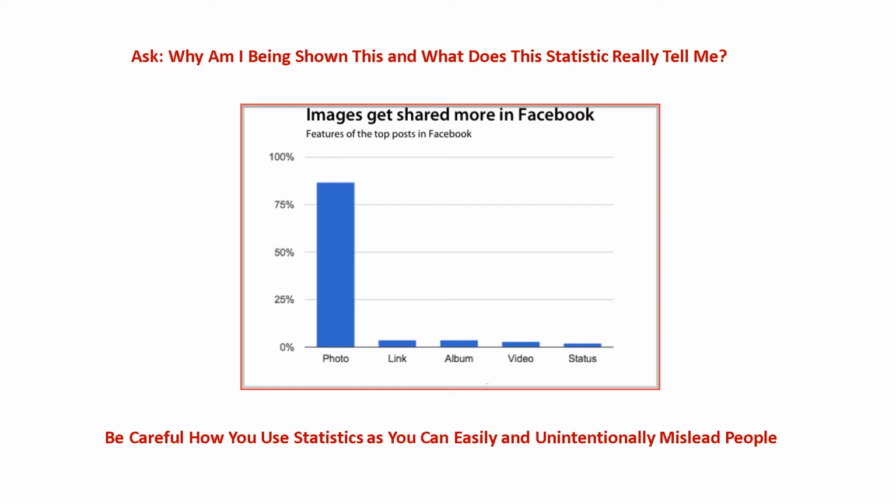So my conclusion from viewing the sharing bar chart statistic that I saw the other day is that someone reading it without understanding what it meant could make incorrect business decisions because of a statistic like that and start cranking out image-based ads while completely ignoring the creation of videos.